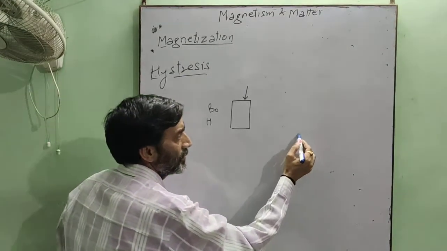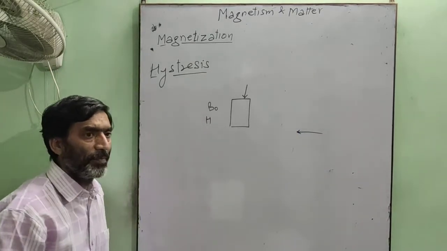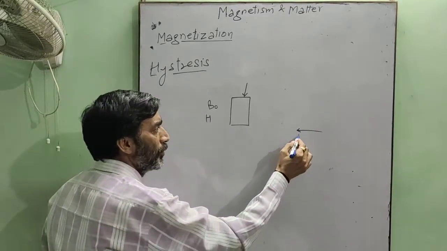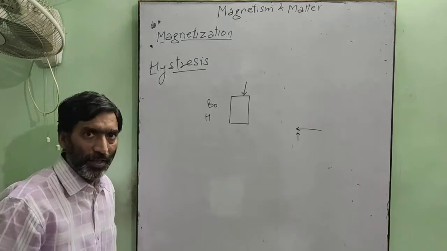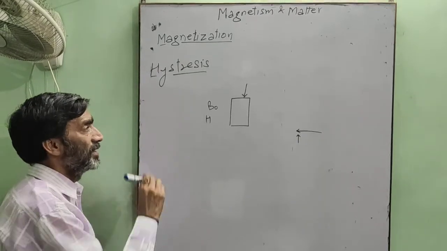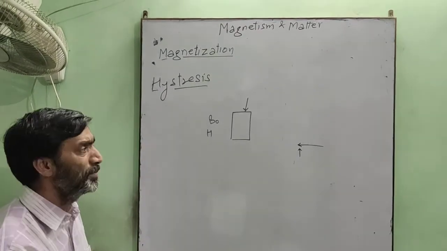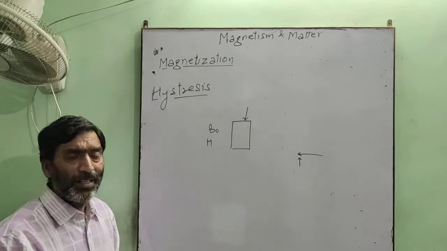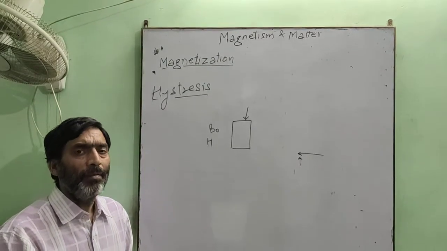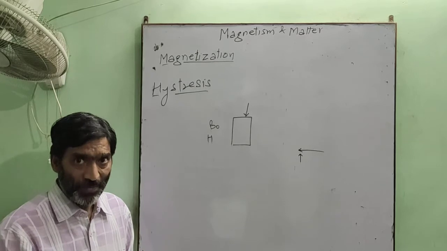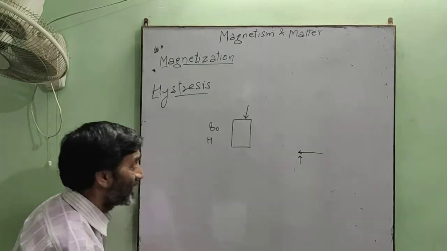If we take this screwdriver away, it again retains some property of a magnet. This is called hysteresis. Hysteresis means lagging of magnetic induction behind magnetizing field intensity.